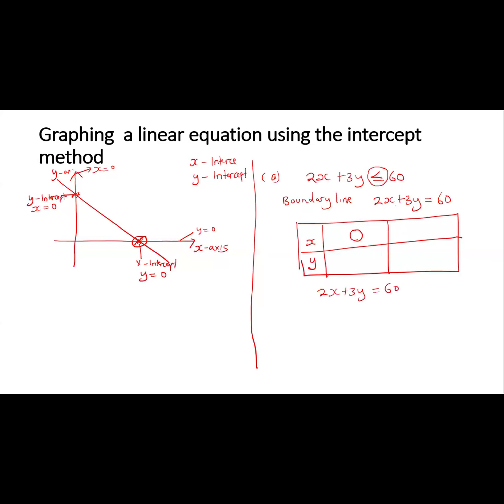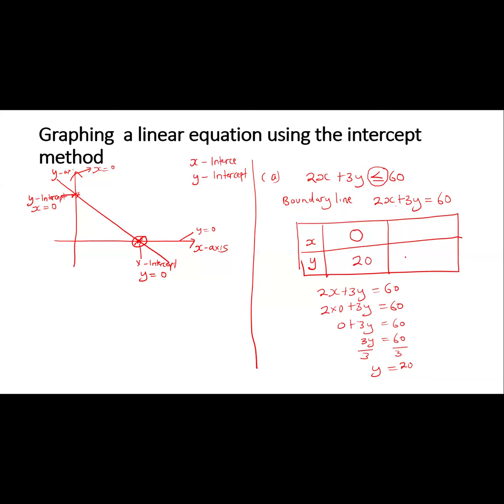Where there is x, I'll put 0. So this is 2 times 0 plus 3y is equal to 60. 2 times 0 is nothing, so I remain with 0 plus 3y is equal to 60, meaning my 3y is equal to 60. So I divide by 3 on both sides, and I find y is equal to 60 divided by 3, which gives me 20. So the corresponding value for y is going to be 20.